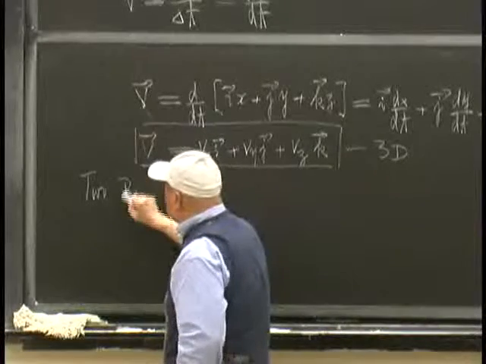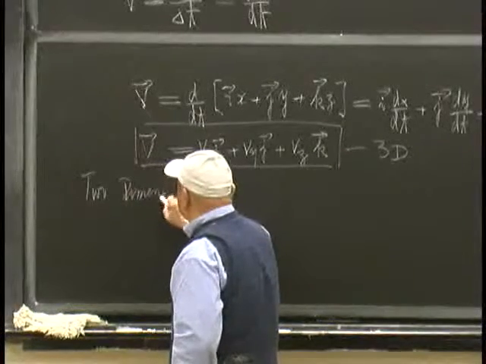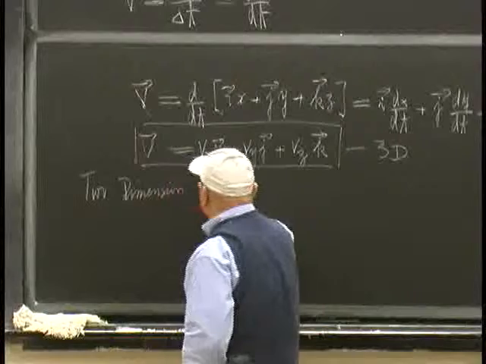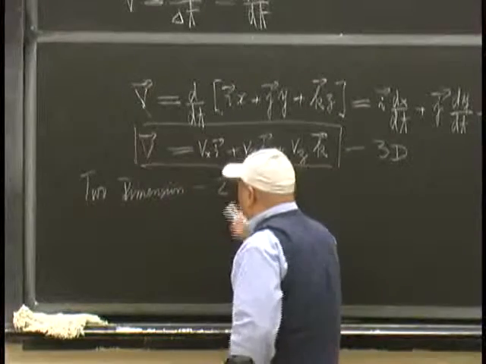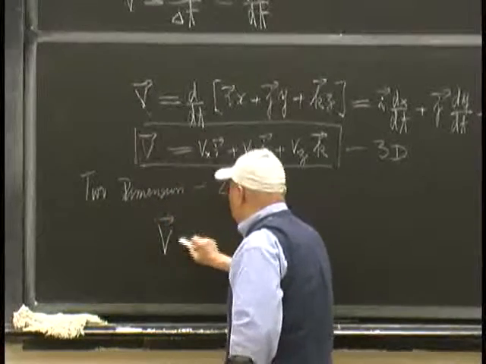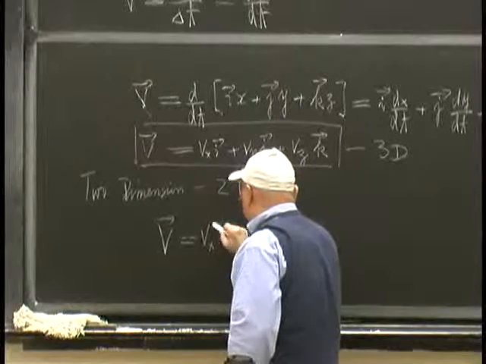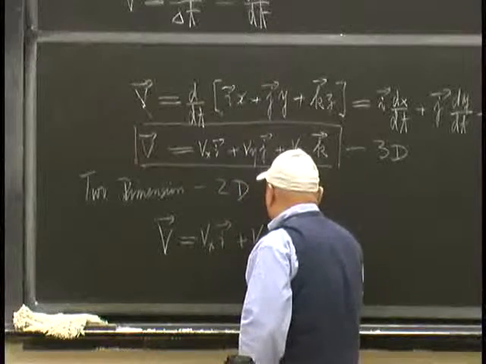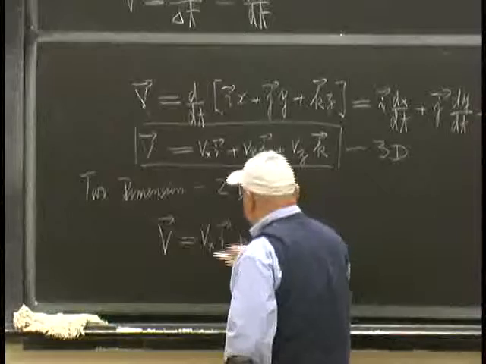And if it's 2 dimensions, that is considered 2D, then v is equal to v sub x i plus v sub y j, and that's it.